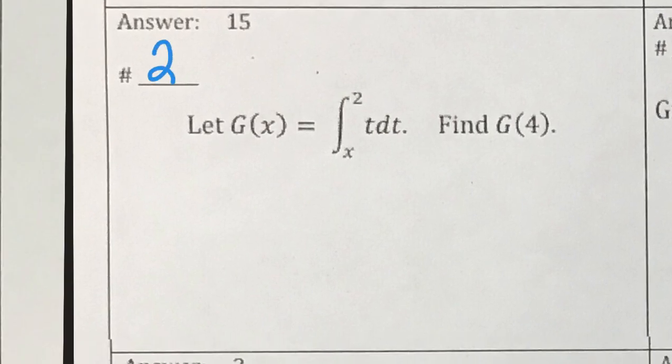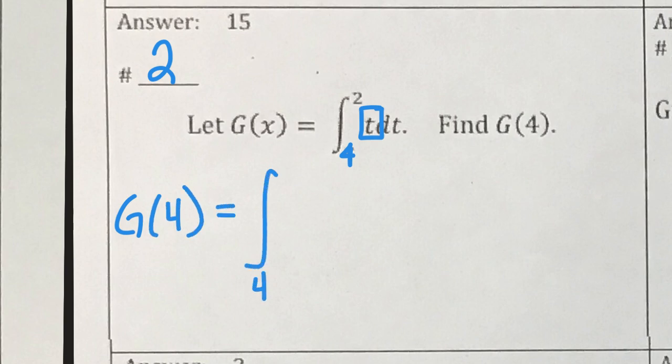So g is the function from x to 2 of t dt, the single variable t. So once again, we want to find g of 4. So we're going to have to anti-differentiate t and evaluate it from 4 to 2. So g of 4 is the integral from 4 to 2 of t dt.